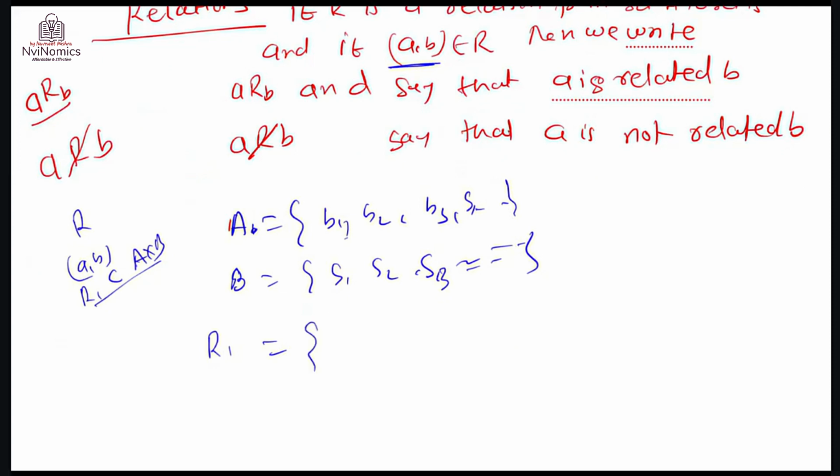So I would like to write R1 as (a, b), because the elements of R will be in ordered pair form, in the form (a, b).